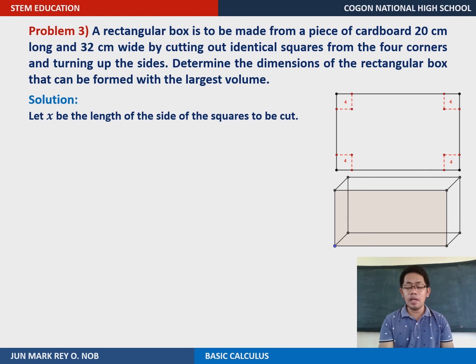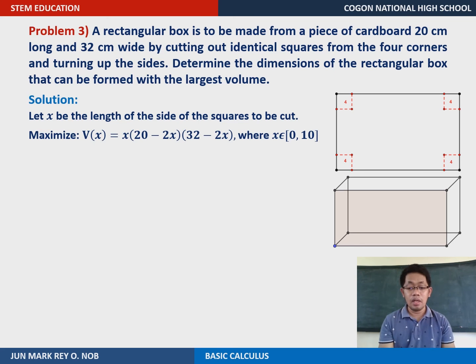Let x be the length of the side of the squares to be cut, and then our goal is to maximize the volume, length times width times height. So that's equal to V of x equal to x times (20 minus 2x) times (32 minus 2x), where x is between 0 to 10, because it's no longer possible to come up with an open rectangular box if our x exceeds 10.